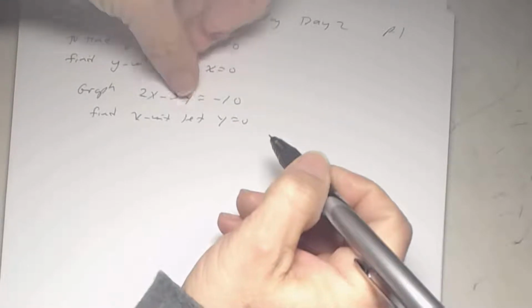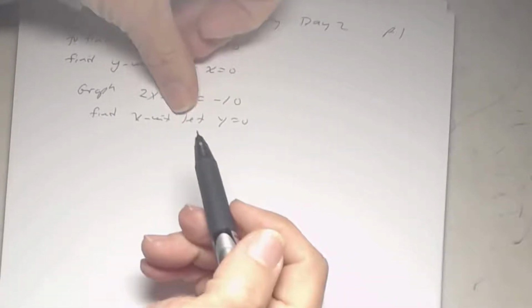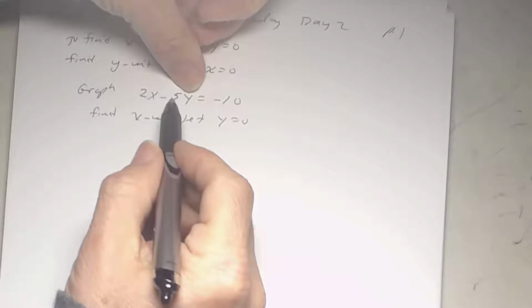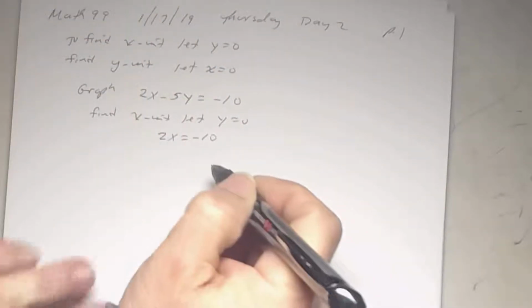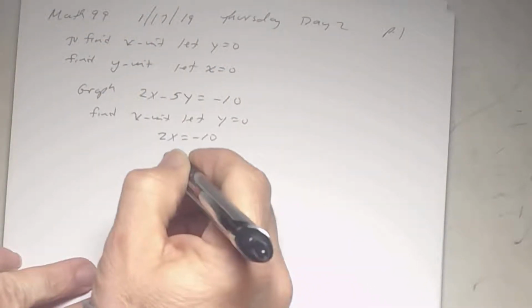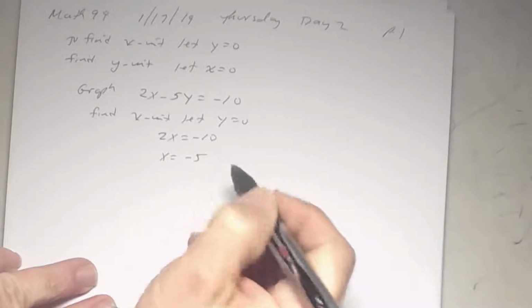So the term that has y in it, you can cover it up. And remember, 5 times 0 is still what? 0. Now, if I cover it up, because that term is now 0 since y is 0, what equation do you see? All right, and all you got to do now is just solve for x. So what's x? -5.